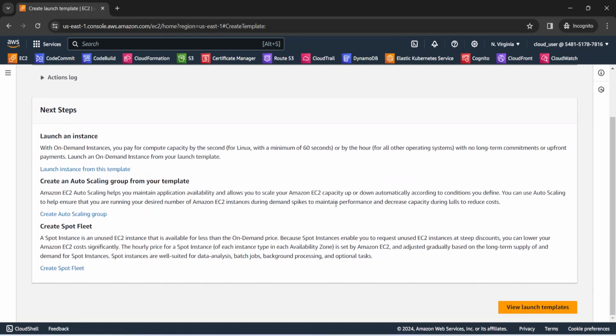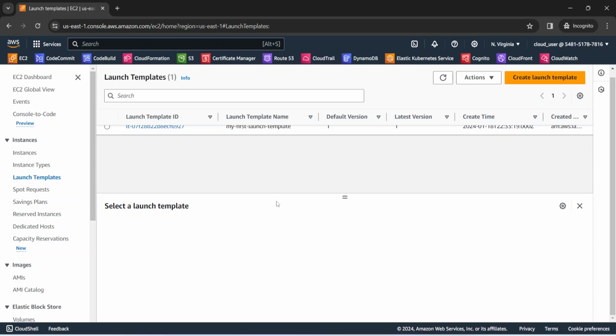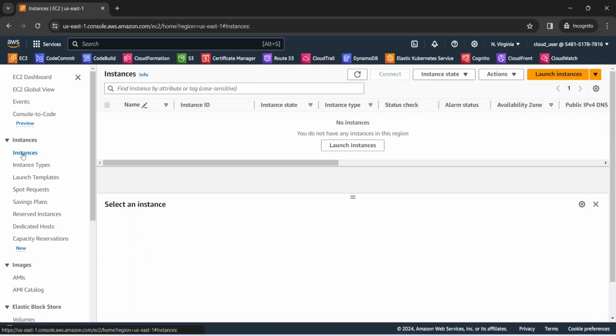So we have successfully created a launch template. So what we'll do is we'll just go ahead and create an instance with this launch template. So I'll go to instances, I'll go to launch instance.